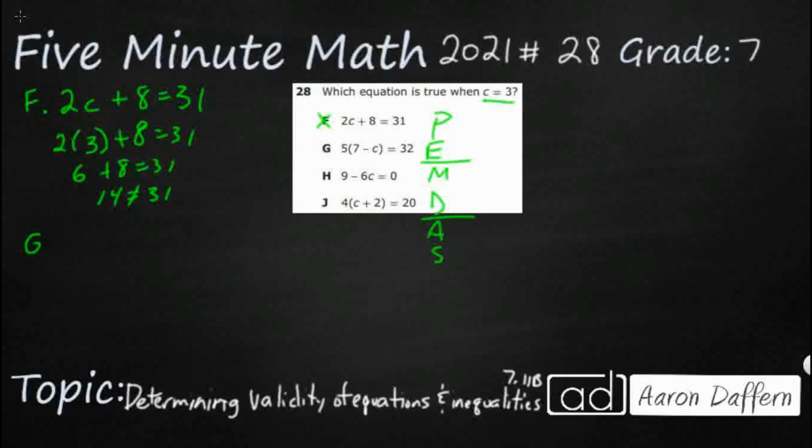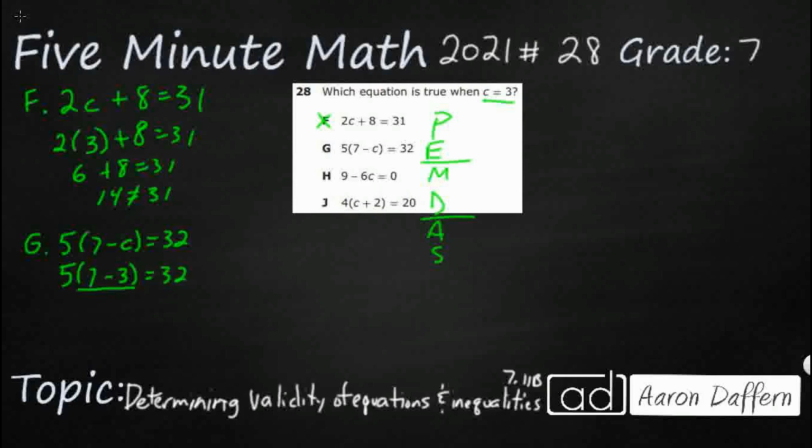Let's check G. 5, we got a parenthesis in here, 7 minus c. And then we're going to equal 32. So let's substitute in our 3. So 7 minus 3, not that big of a deal. But we're going to subtract first because it's within the parentheses.